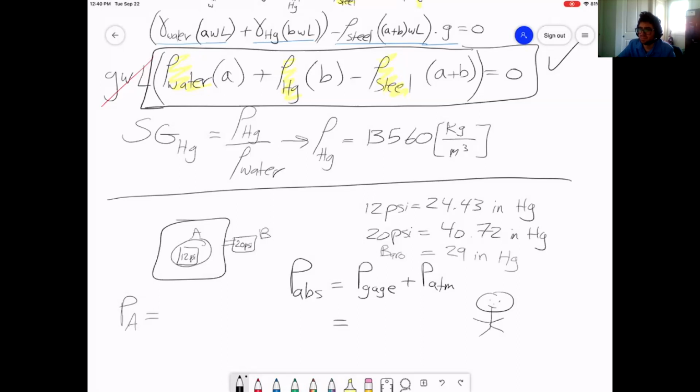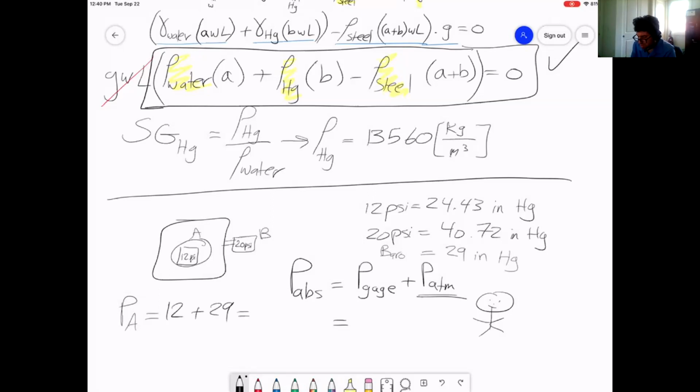Okay, I think it would be 12 plus 14.7, right? Yes, it's actually 12 psi, that's the gauge pressure at point A, plus the atmospheric, which I would say is 29.